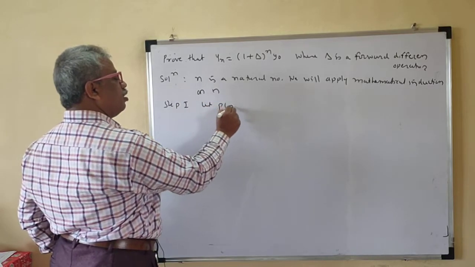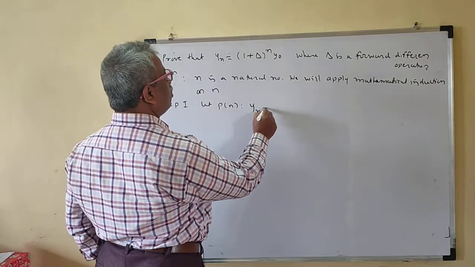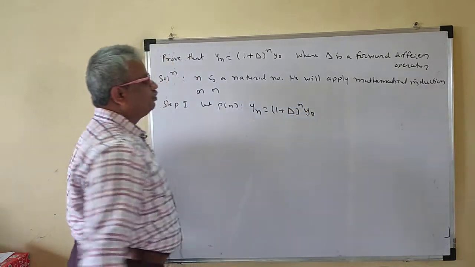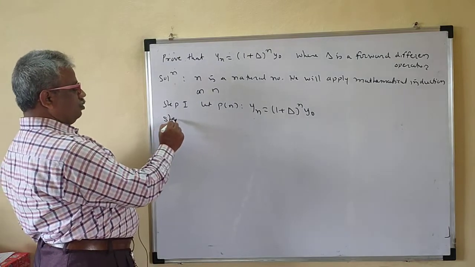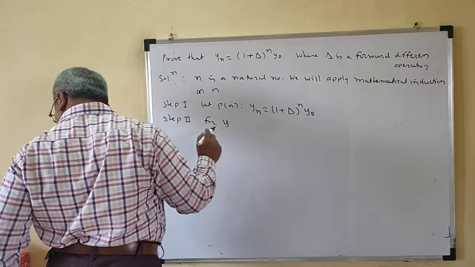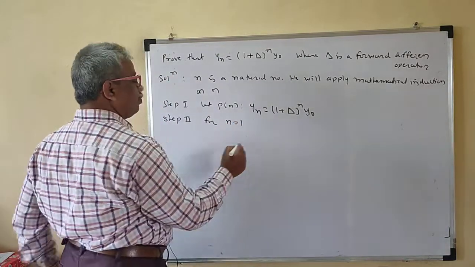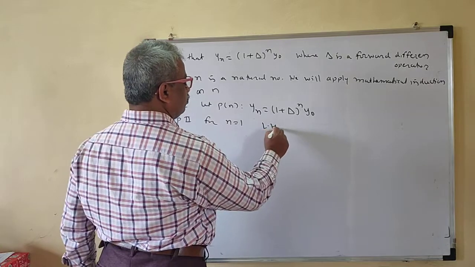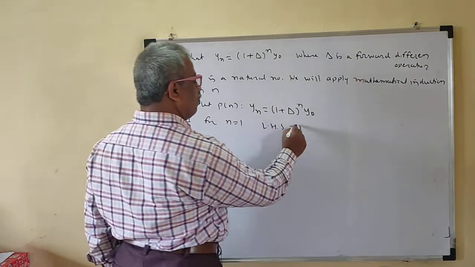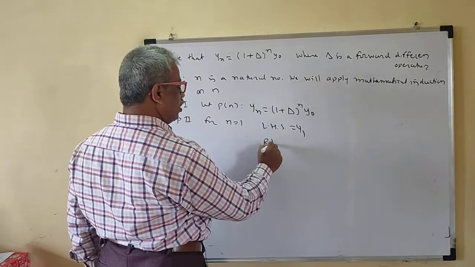So step 1. Let Pn denote the statement. Let yn is equal to 1 plus delta to the power n y0. Okay. So step 2. For n is equal to 1, LHS is equal to y1. So what is RHS then?